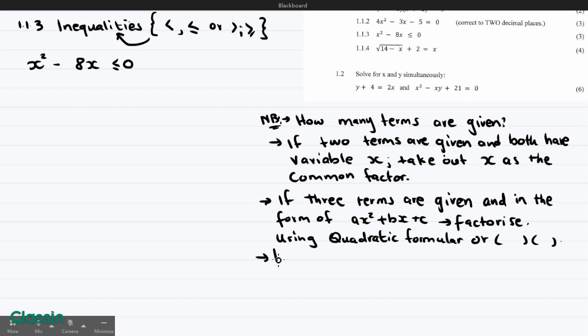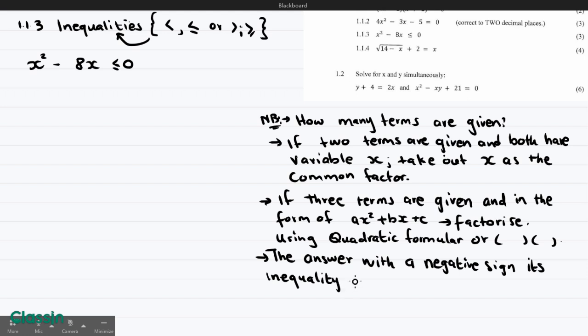Now, the answer with a negative sign is inequality changes direction.